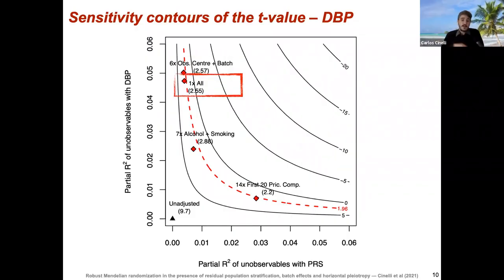And even 1 times as strong as all the observed variables acting together. So even if you consider unobserved confounding and pleiotropy with the same explanatory power as all these variables acting together, in this case, it would not be enough to overturn the results for diastolic blood pressure.